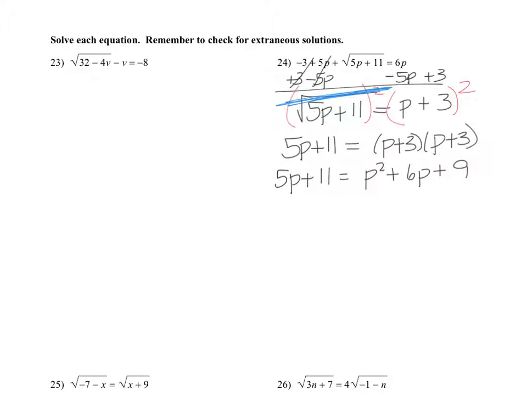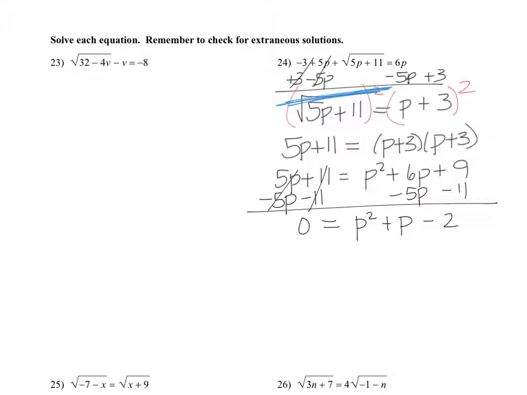Okay? So now I want to solve this quadratic equation. I have to first set it equal to 0. So I'm going to subtract 5p and subtract 11. So I get 0 equals p squared, 6 minus 5 is 1, so plus 1p, and minus 2, because 9 minus 11 is negative 2.